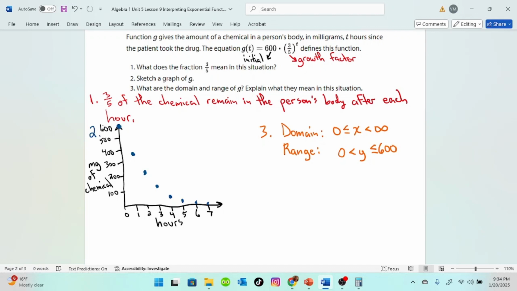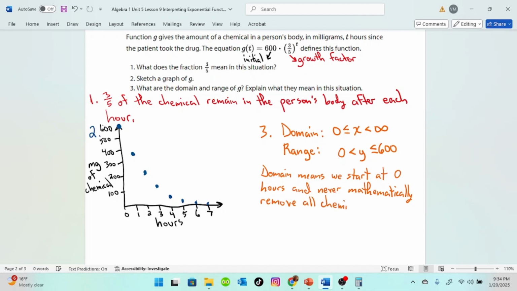So, domain means we start at 0 hours and never mathematically remove all chemical.